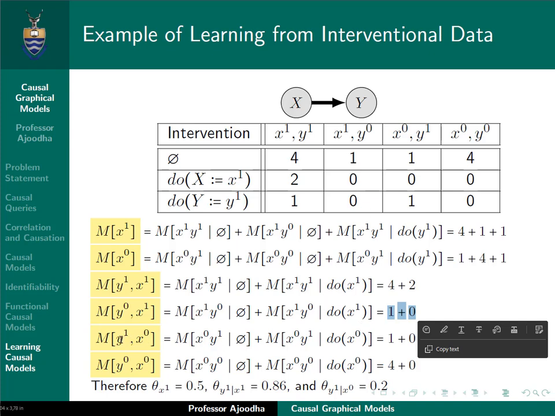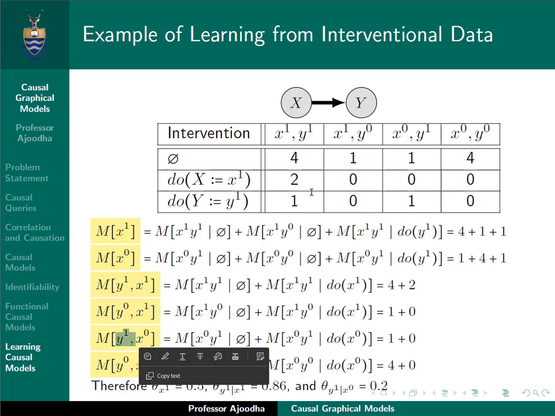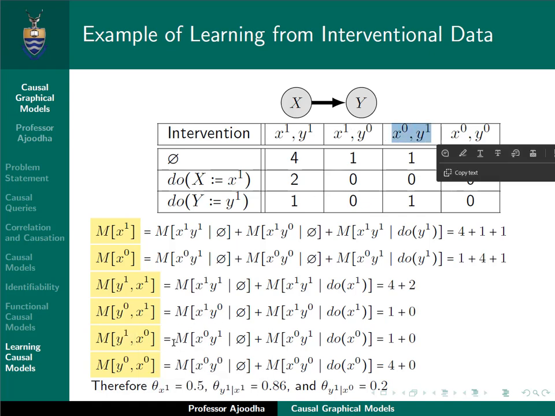Then y1 x0 in this scenario here, where they occur naturally and where the parent was forced to take on x0.